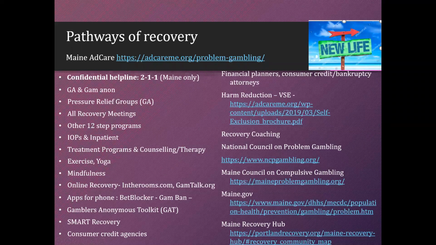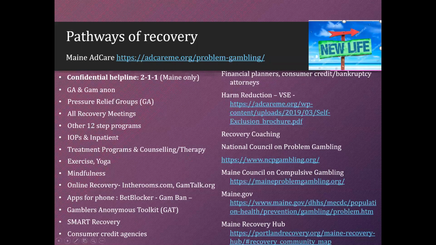As I say, in Minnesota, Arizona, Virginia, there are treatment programs, there's exercise, yoga, all these things you can see. And I'm going to show you some pictures of the online rooms. There are apps for the phone, SMART Recovery. Lots of times I send people to SMART Recovery if the 12-step thing doesn't work, because it is a little bit CBT based. And there's harm reduction.